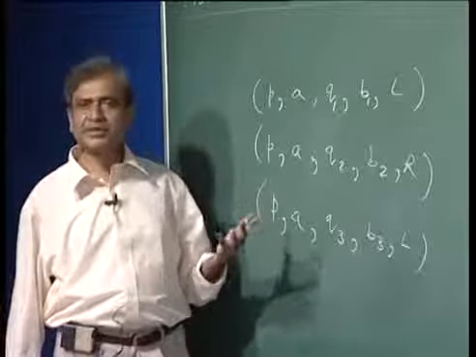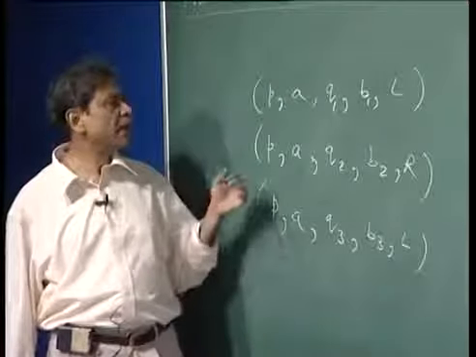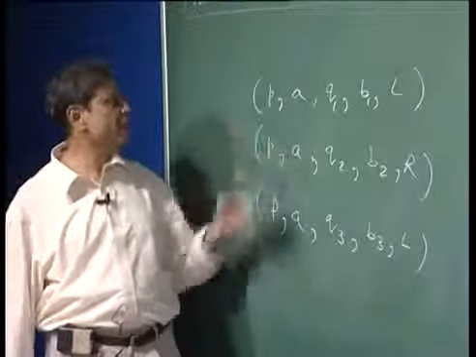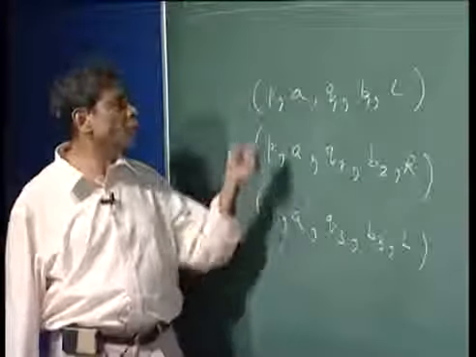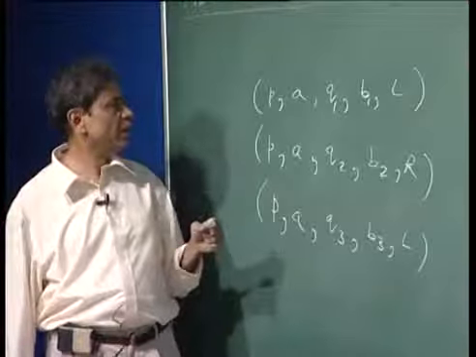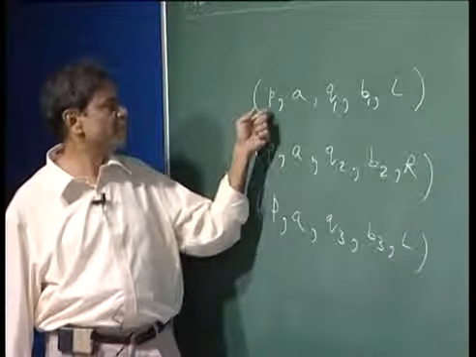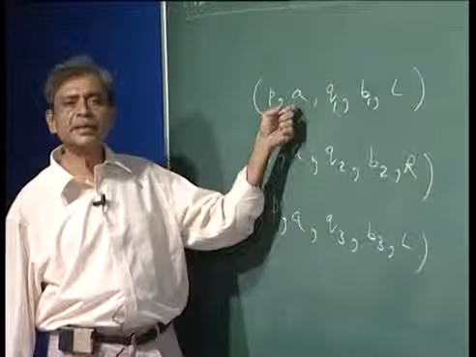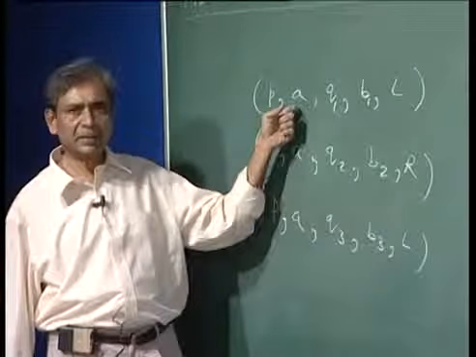Non-determinism means that the machine will non-deterministically choose one of these three quintuples when the present state is P and the current symbol being scanned is A.